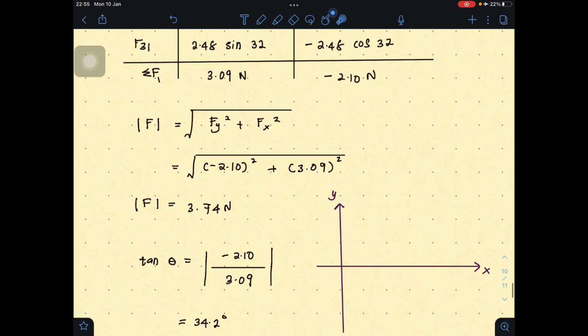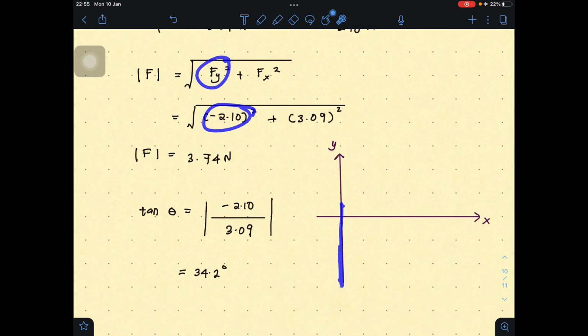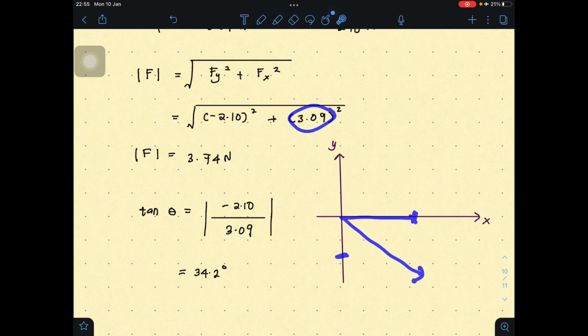Okay, so Fy kita adalah negative, right? So kalau negative, dia akan jadi di bawah, maybe around here. And then Fx kita adalah positive. So positive maybe around here. Meaning that kita punya vector macam ni. Okay, dekat sinilah plotnya.